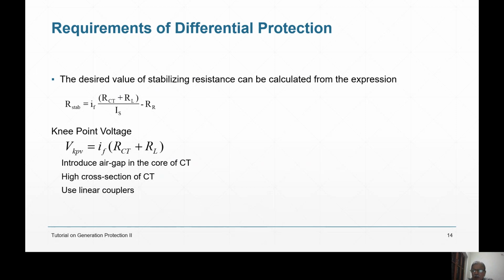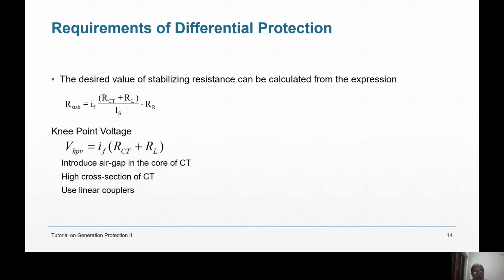But in practice we do not connect this full value, because we have considered the worst condition. The usual practice in the field is that 1/3 of it is connected. If your value is 180 ohms, then you connect 60 ohms. 1/3 of this value is connected.